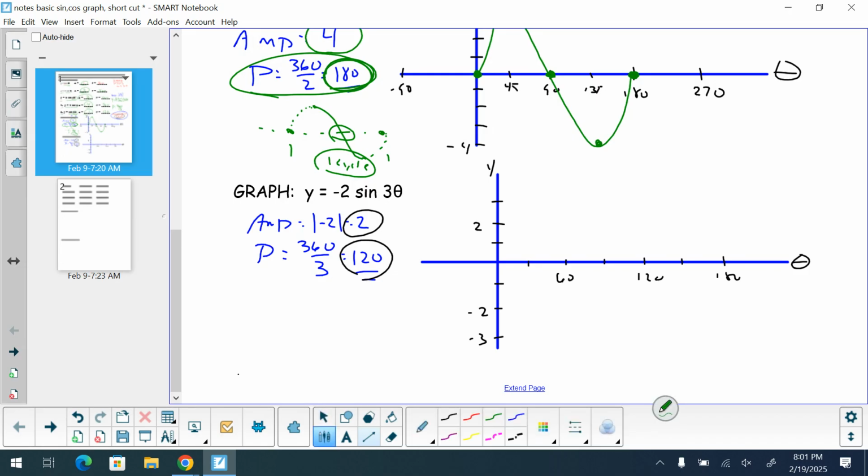Our starting point for sine curves is always on the neutral axis. Period's 120 degrees. Every 120 degrees, we need to be at the exact same value. So at 120, we're there on the neutral axis. Our games of halves, halfway between, will be 60.